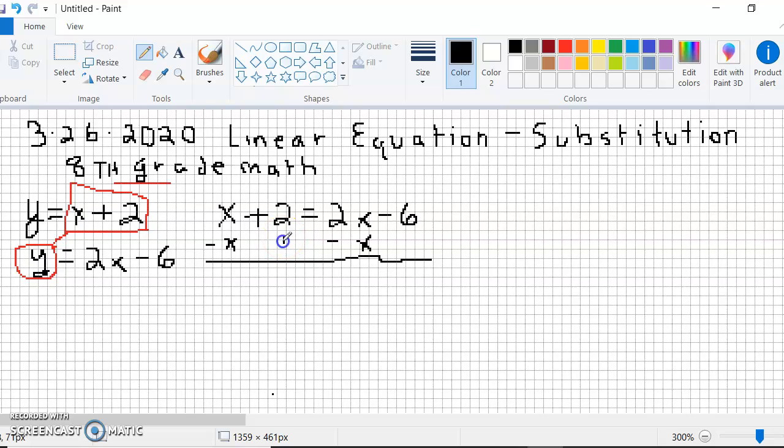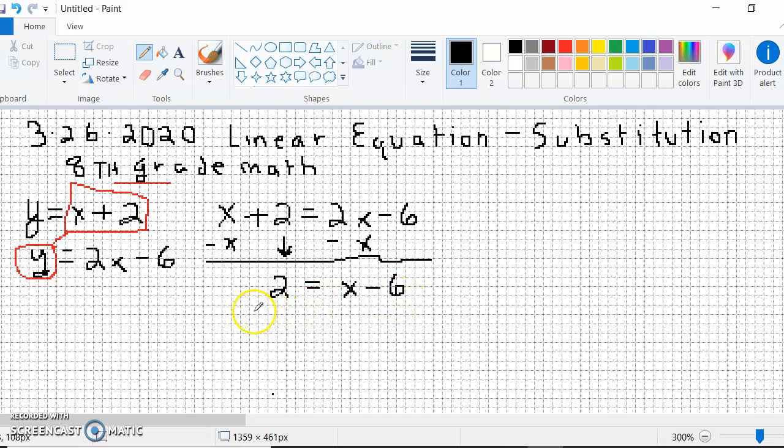Then this just comes down. So this is 2 equals, I have 2x minus x, so this is x minus 6. Okay, I now need to get rid of this over here.